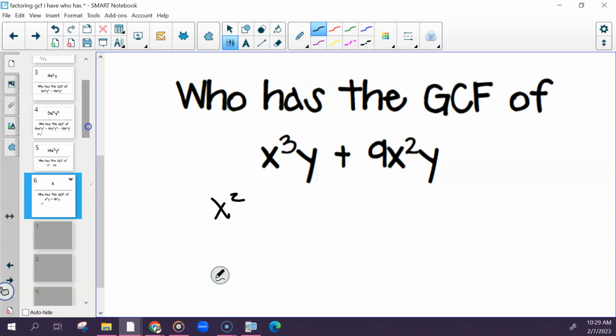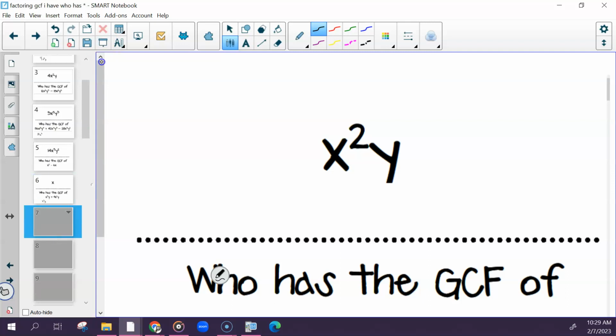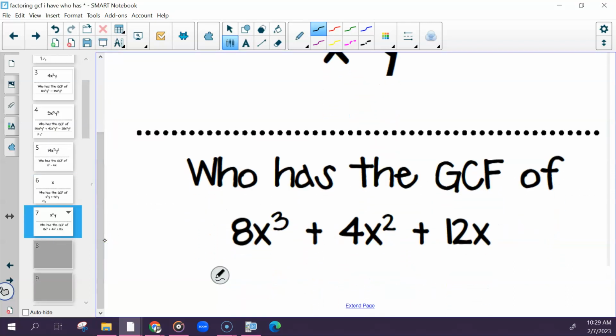But these do have a y in common, so yes. The y would be part of the GCF. So if you have x squared y, that's you. So then I go ahead and ask for my GCF. Where's the GCF?